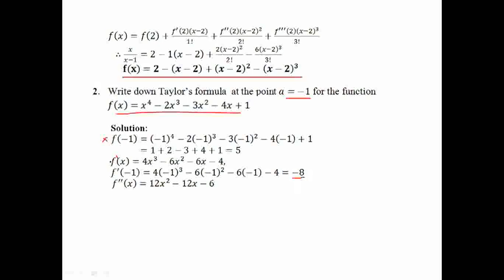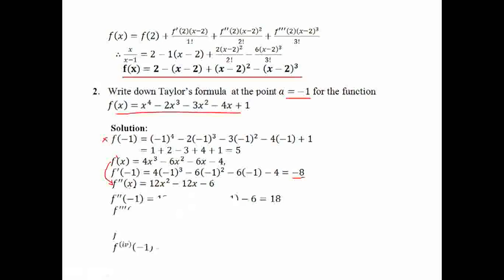Then we move to the second differential coefficient. We differentiate 4x^3 - 6x^2 - 6x - 4 again to get f''(x) = 12x^2 - 12x - 6.